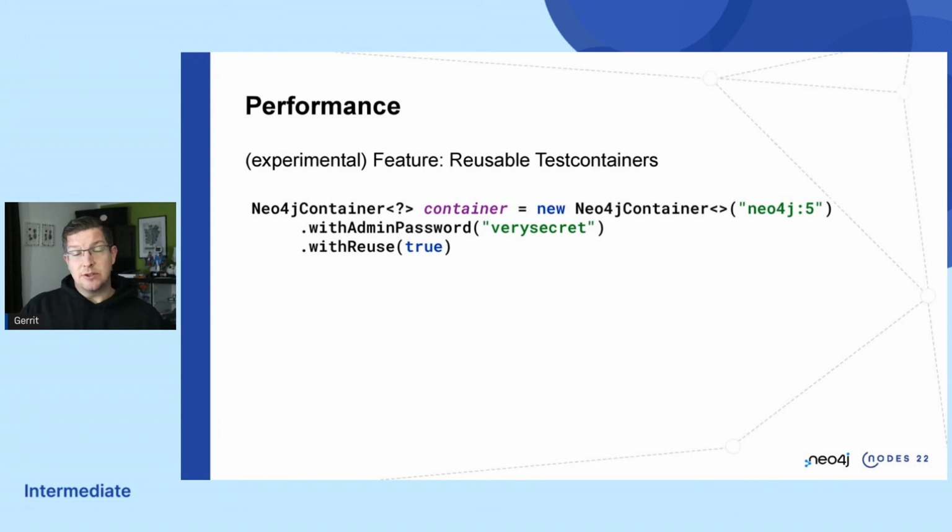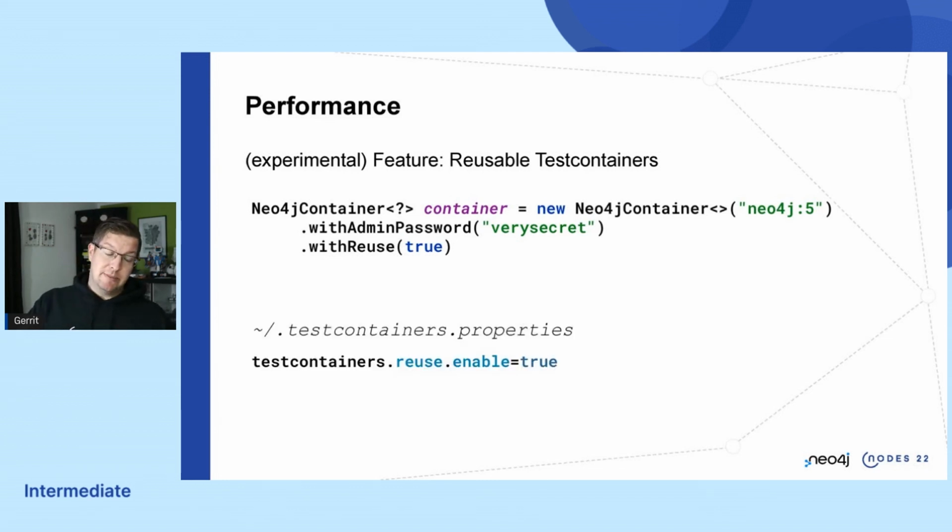But to have more control, so that I do not get into the situation of unintentionally reusing test containers, I also have to explicitly set this in my local machine properties. So it's in the home path of my machine, and I have to set this flag. That's important to keep control over how the container gets orchestrated.